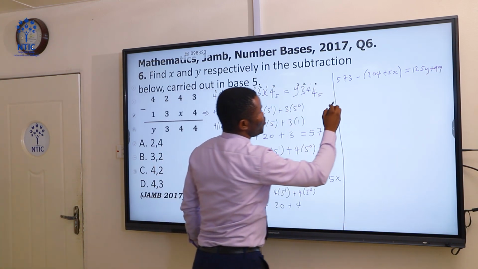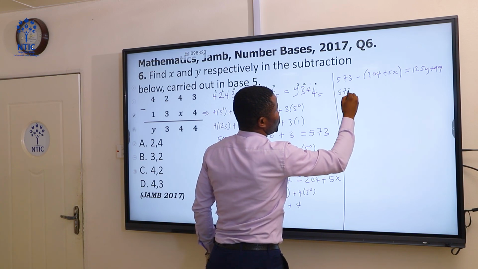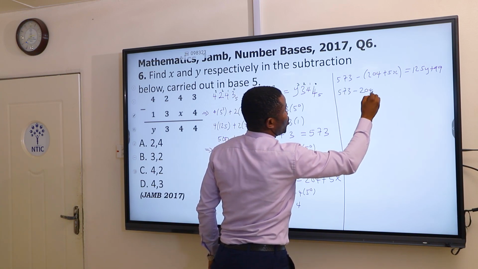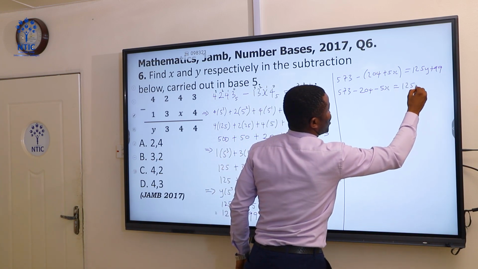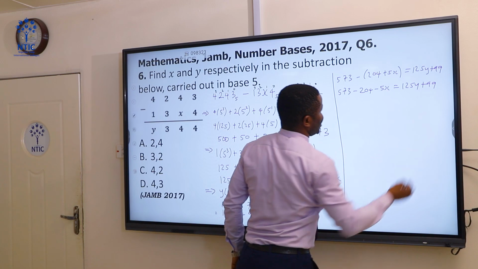So if we open up everything, we are going to have 573 minus 204 minus 5x is equal to 125y plus 99.